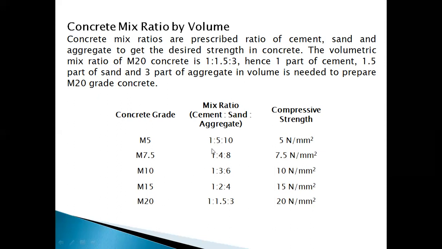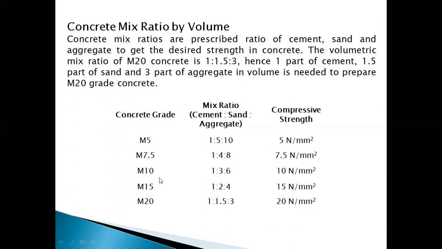The mix ratio for M5 is 1:5:10, and its compressive strength is 5 Newton per mm square. M7.5 concrete grade has mix ratio 1:4:8, and compressive strength is 7.5 Newton per mm square.